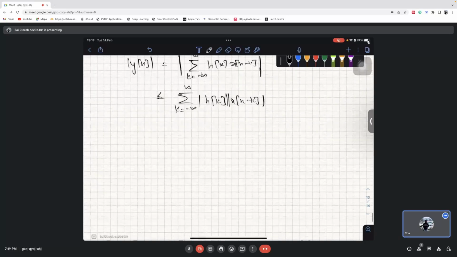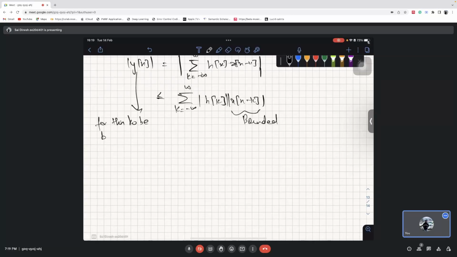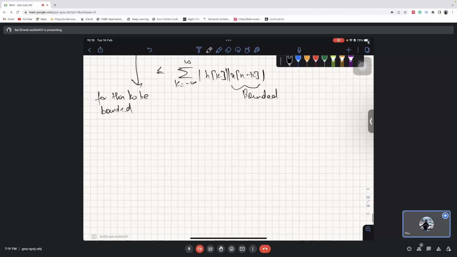Since x is bounded, for this to be bounded we require the summation over k from minus infinity to infinity of the magnitude of h of k to be less than infinity.